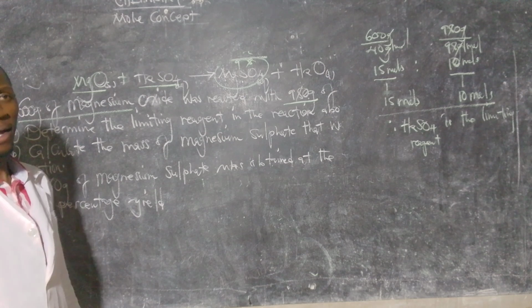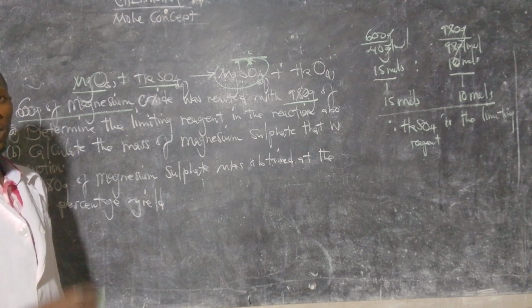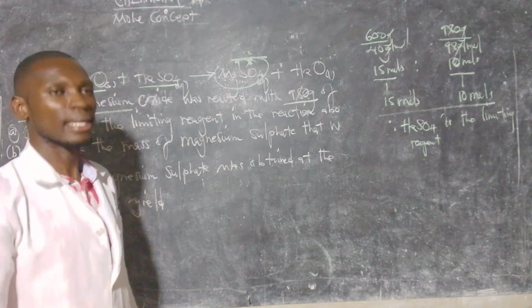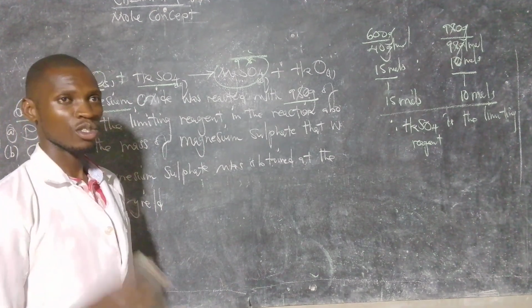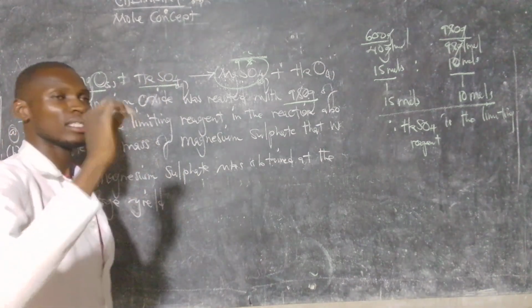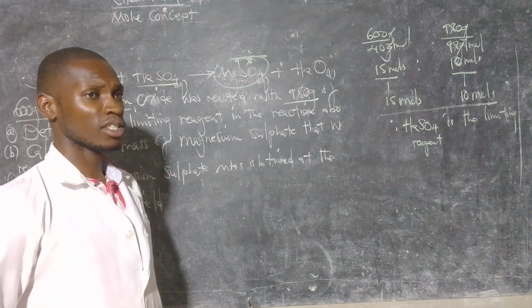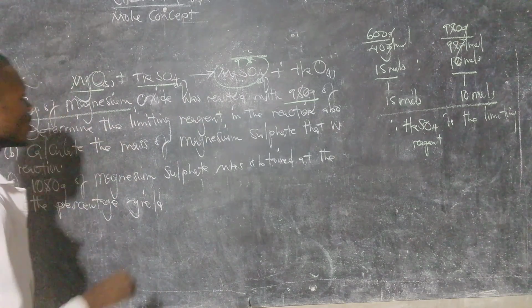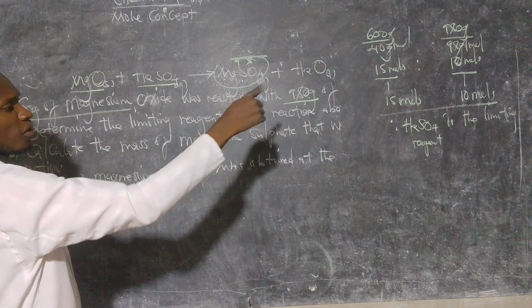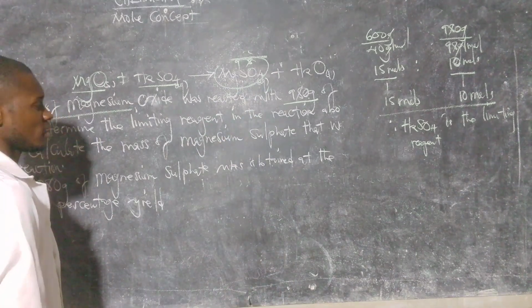the correct figures, because it has other moles which was in excess, which remained unreacted. So always we get the reactant which determined how far the reaction was. So in this question, we have concluded to say sulfuric acid was the limiting reagent.